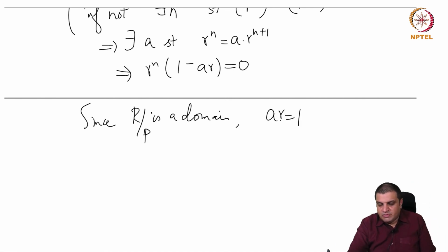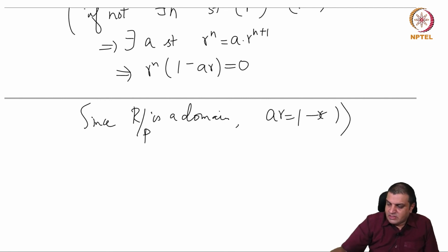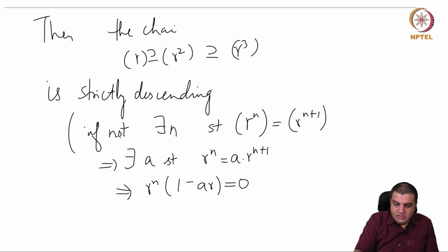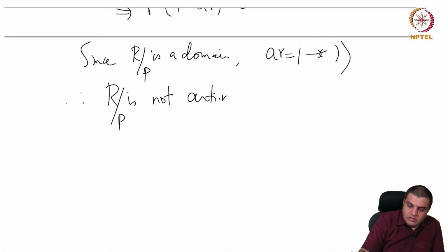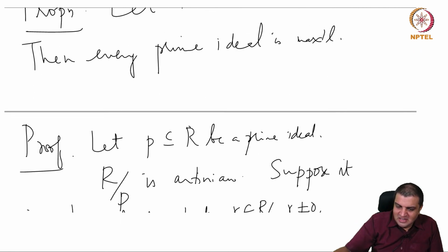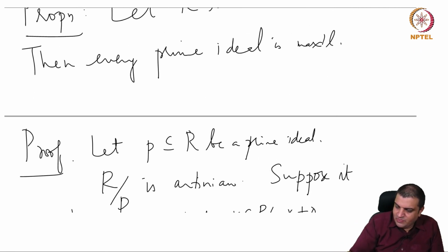That is, r is invertible, but we assumed it was not invertible. This is a contradiction, so the chain is strictly descending. Therefore R mod P is not Artinian. This contradicts the assumption that R mod P is Artinian.